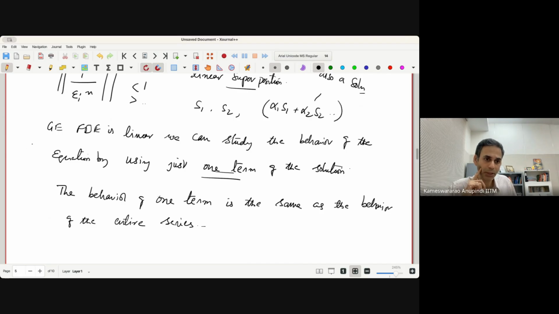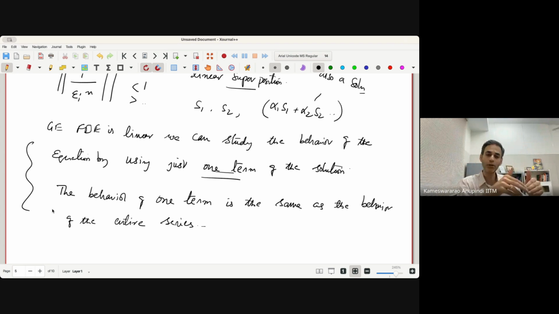I have written something here. In this series, because everything is linear, S1 is a solution, S2 is a solution, S3 is a solution, and so on. If one of them starts growing, because it is a linear combination, there is no nonlinear interaction. If S2 is growing, it is growing; it doesn't change S1. S1 either grows or decays at its own rate.